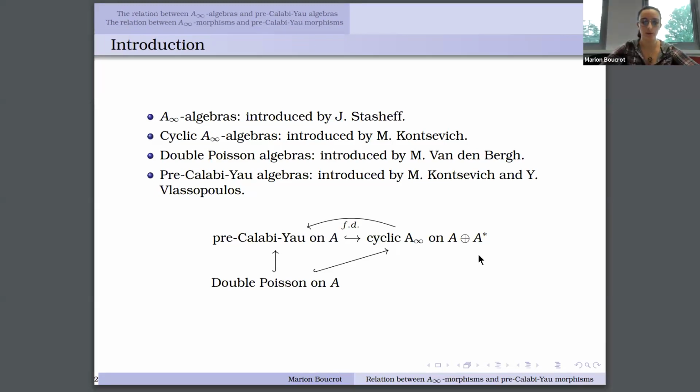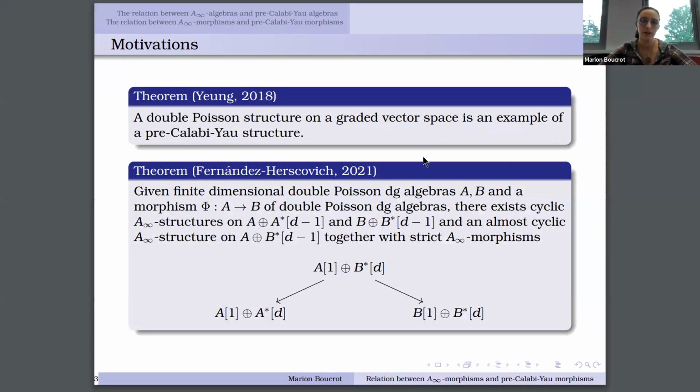The motivation for looking at the relation between A-infinity morphisms and pre-Calabi-Yau morphisms is the following. A theorem by Yeung says that a double Poisson structure on a graded vector space is an example of a pre-Calabi-Yau structure. And we have this theorem by David Fernandez and Herscovich saying that if we have 2 finite dimensional double Poisson algebras A and B and a morphism between them, then one can produce cyclic A-infinity structures on those 2 boundary constructions.